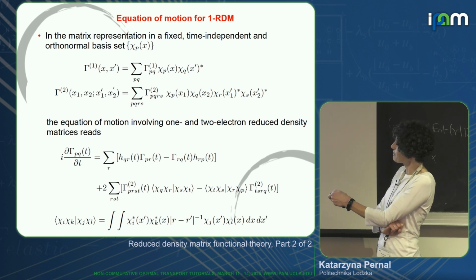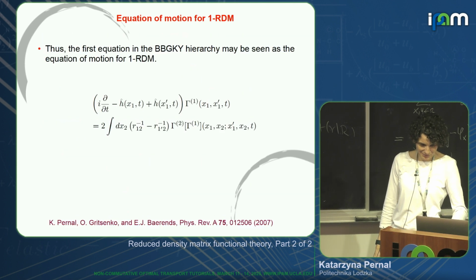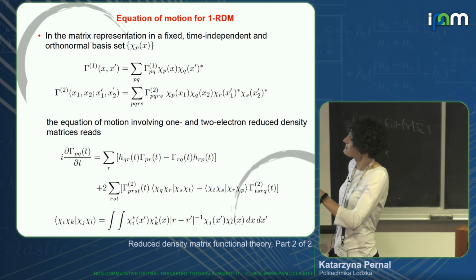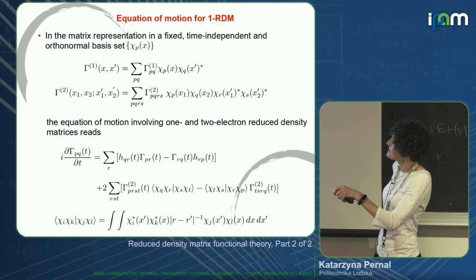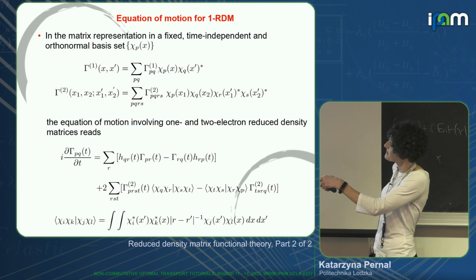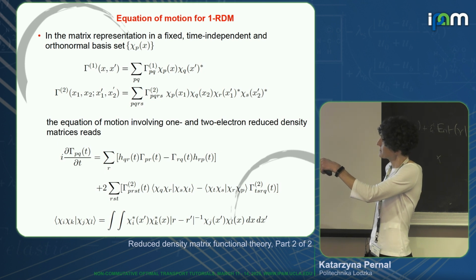Okay, for convenience now I will switch from the position representation of this time-dependent equation to the matrix representation. It's more of a technical thing. So we assume that we are given a time-independent basis set of 1-electron functions. Those chi p's are orthogonal, time-independent functions. There is a t missing here, right? The density matrices gamma 1 and gamma 2 are time-dependent, but the basis set is time-independent, okay?